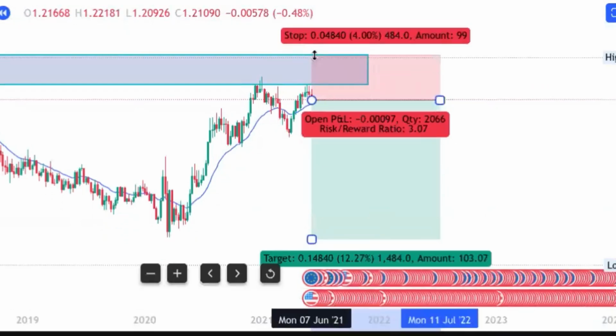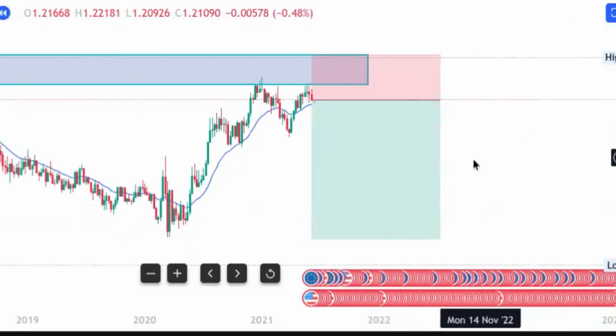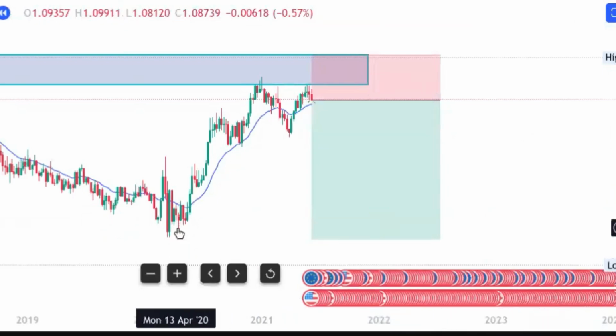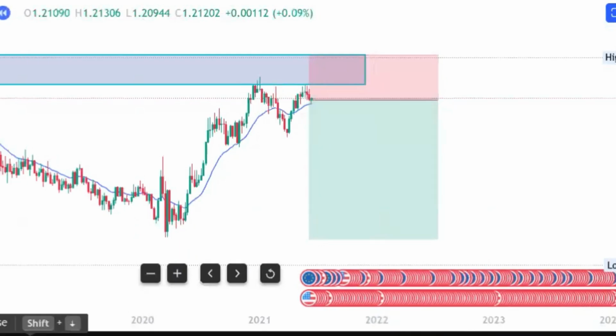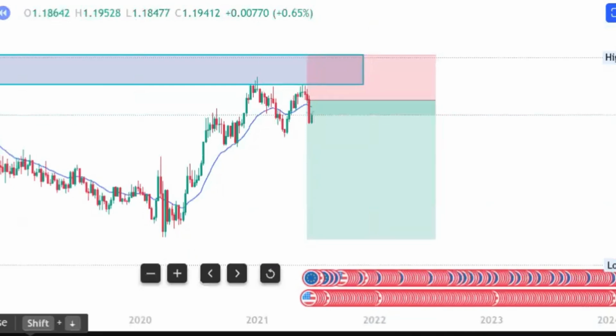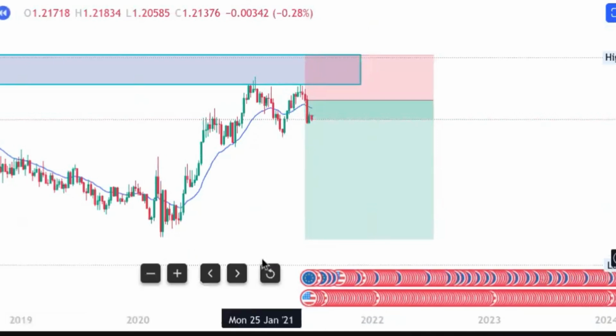There we go, 1 to 3. Okay, and we're targeting this area. Now, let's see if we can clock some profits on this. Based on what the stochastic gave to us as an entry point, we're already in profits.